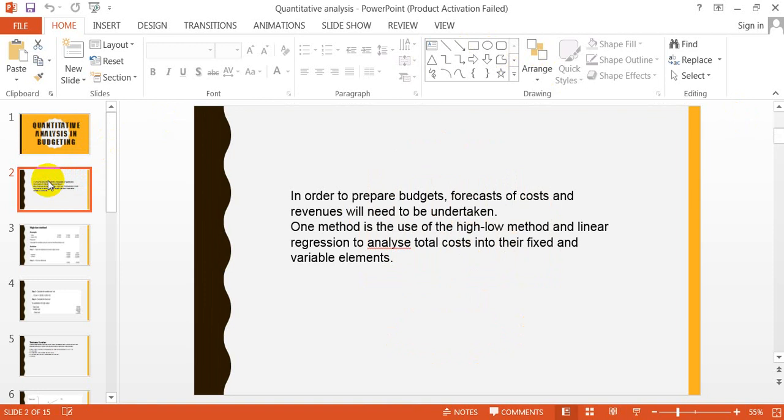At some point in our study, we'll be looking at preparation of budgets. In order to prepare budgets, we'll have to forecast some of the costs and revenues which are incorporated in the budget. One method which we use is known as the high-low method, and the other one is the linear regression method.